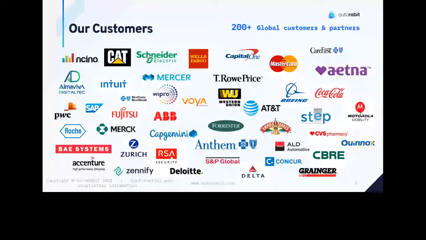So you can see a lot of clients from financial services, insurance, banking, as well as healthcare, life sciences, and pharma today. So we are very popular among highly compliance-driven and regulated industries.